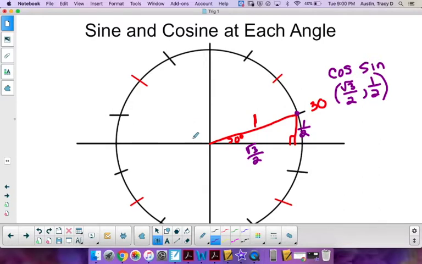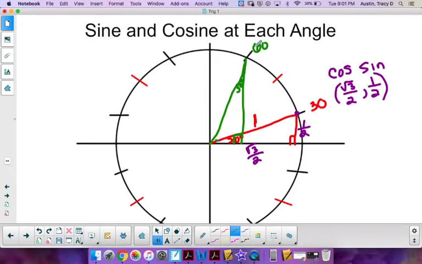Okay, so let's go ahead and do the 60. Same exact thing, only remember, this is the 60 mark up here, right? And if I'm going to draw a right triangle from that one, okay, that means now this becomes the 30-degree angle down here because that has to be the 60-degree here, right?